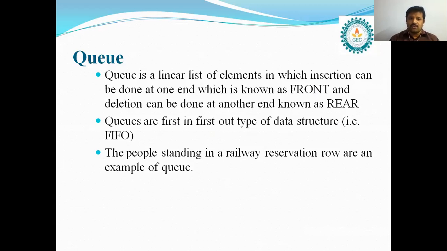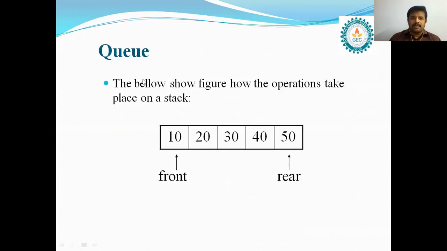So the queue is a linear data structure which works on the principle of first in, first out. The people standing in a railway reservation row are an example of a queue. The below diagram shows the representation of a queue.